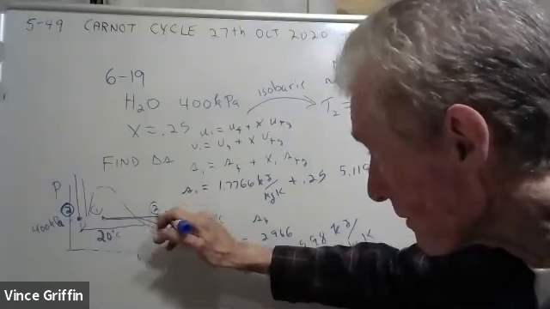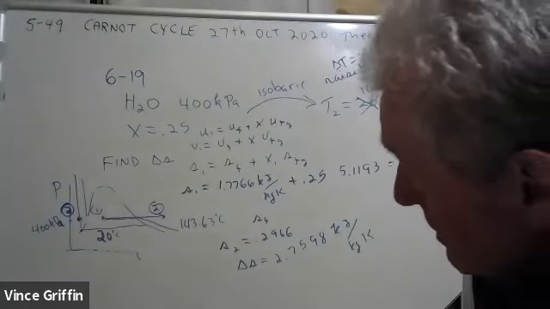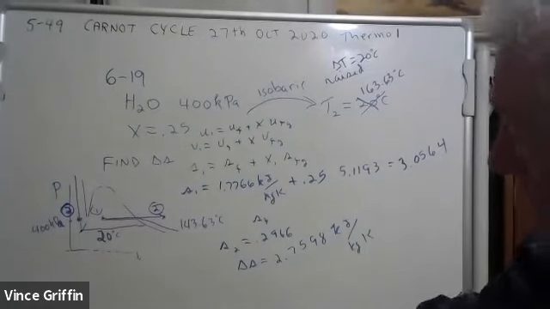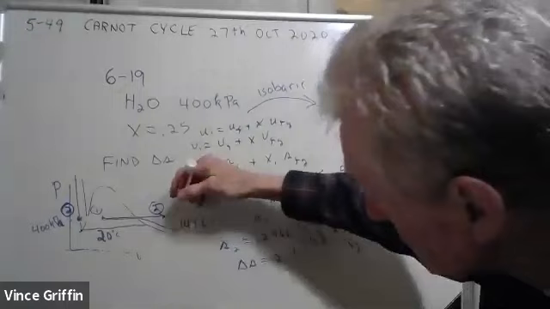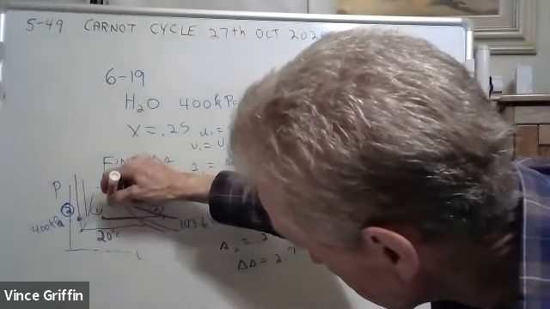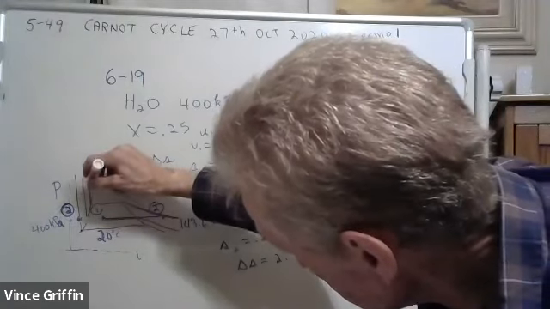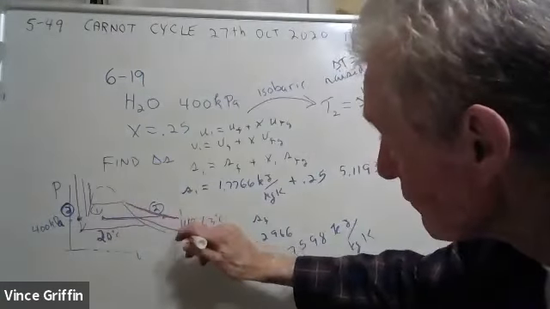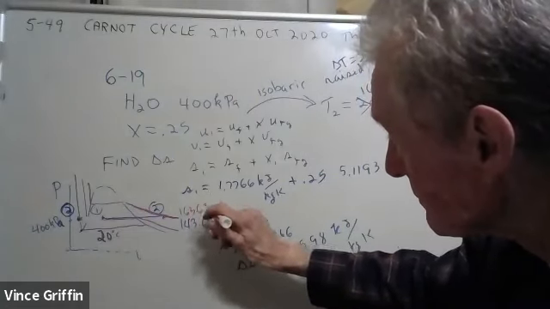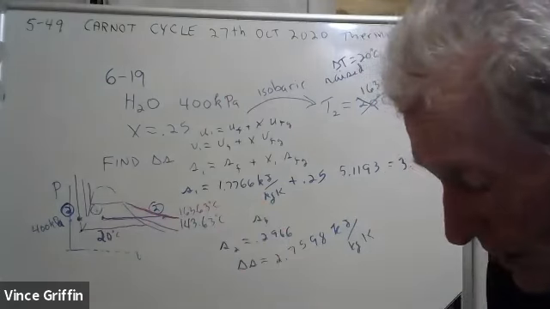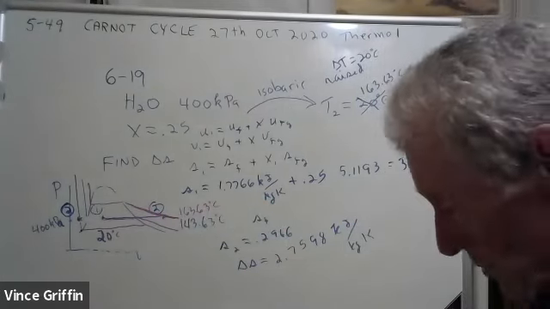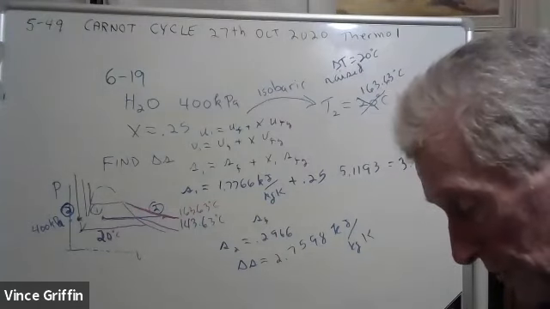I read the problem wrong. And what we got now is, this temperature is 163. We went from 143 to 163. And that's in the superheated vapor. So we've got to go to the superheated vapor chart at 400 kilopascals.